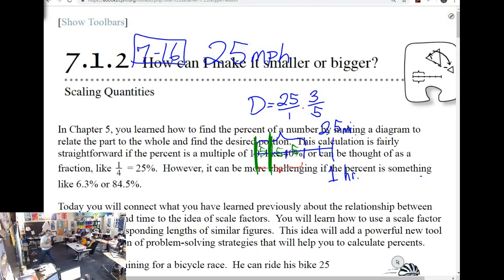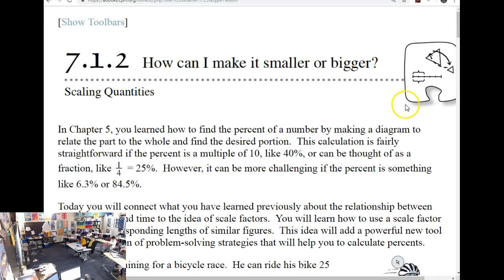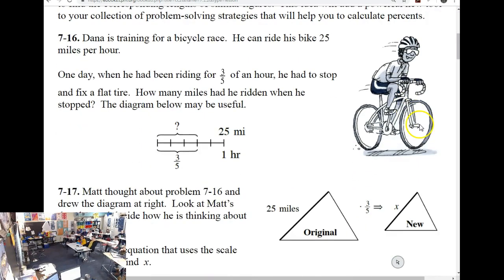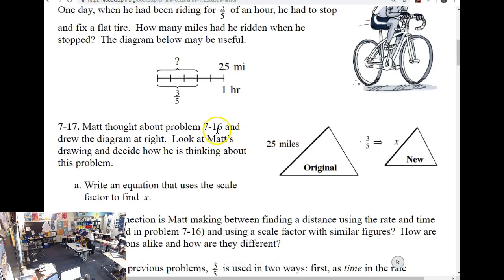Alright, next question. Moving on. So, guys, that was scaling a quantity. We just scaled down his 25 miles per hour to 3/5 of what it actually was, which was 15 miles. So if we talk about how much of the race he has left, he's got 10 miles left, right?